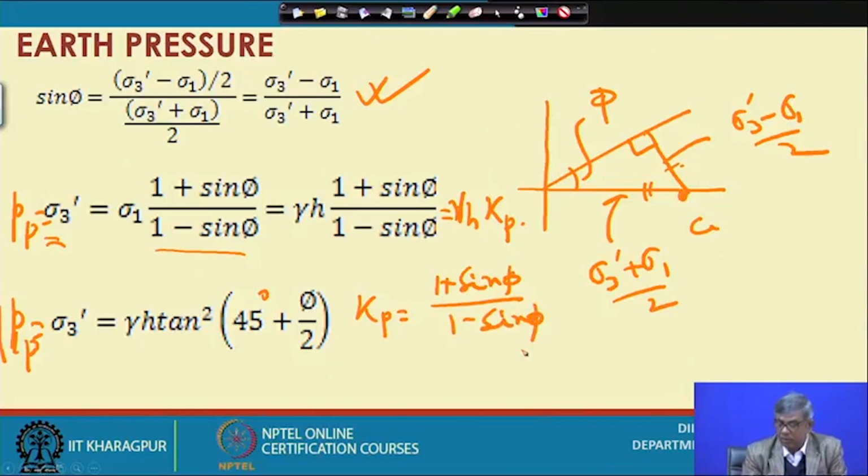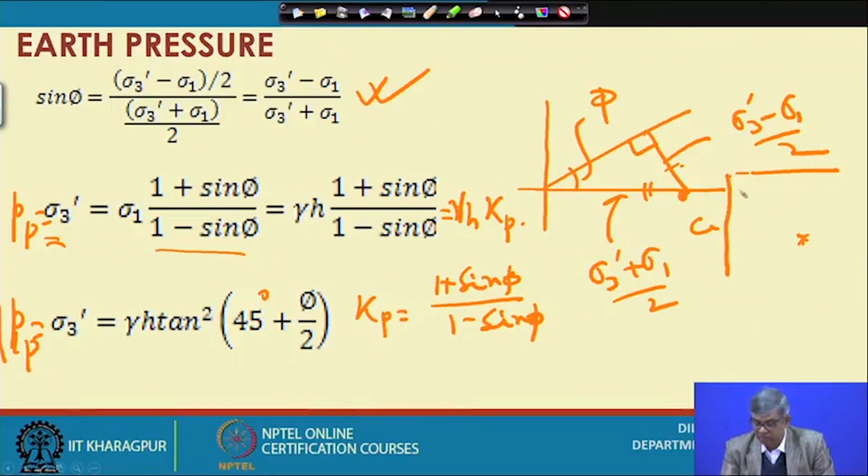And now, the pressure diagram. Suppose this is the ground, and at this point I have to find out the pressure diagram. So, the vertical stress distribution will be something like this. Suppose at this point this will be gamma times h, and if I want to find out Kp, then Kp will be this one.